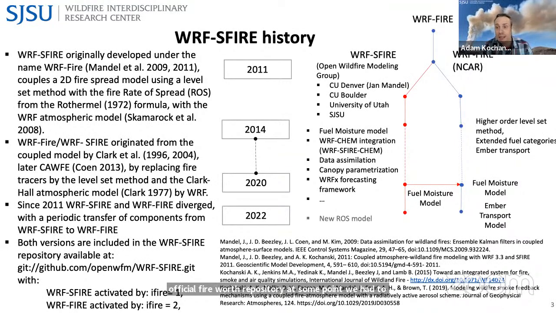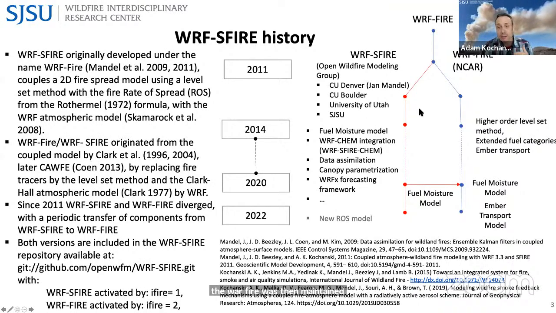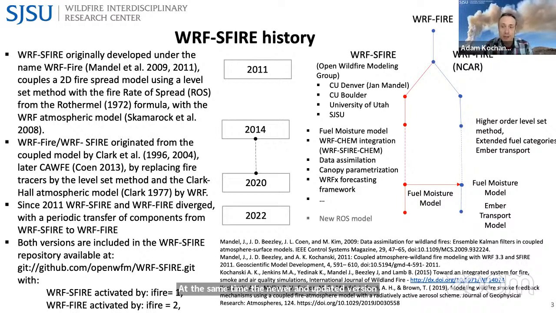The older version, at that moment named WRF fire, was then maintained by NCAR, and in parallel the newer and updated version called WRF S-fire was being developed mostly by Jan Mandel from UC Denver and the Open Wildfire Modeling Group. So we started doing different things with the model, and that's why it diverged over a couple of years. What we try to do is, from time to time, migrate some of the capabilities from one model to another.